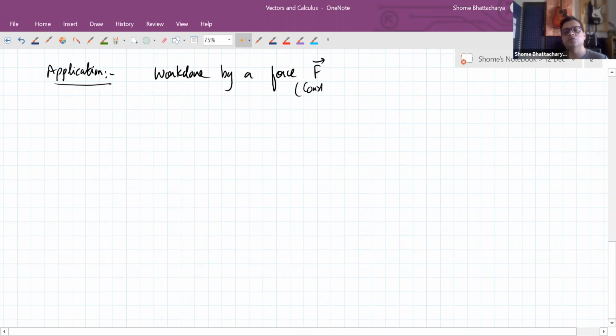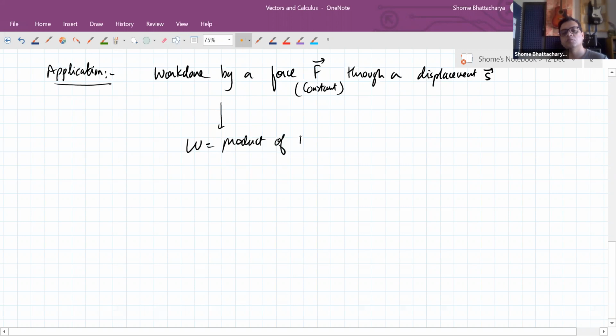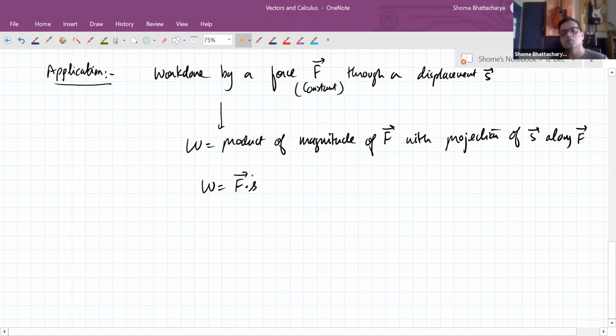Let's assume it's a constant force through a displacement of S. So this quantity itself is defined as the product of the magnitude of the force with the projection of the displacement along the force. So the basic definition of work done becomes like this, as you know.